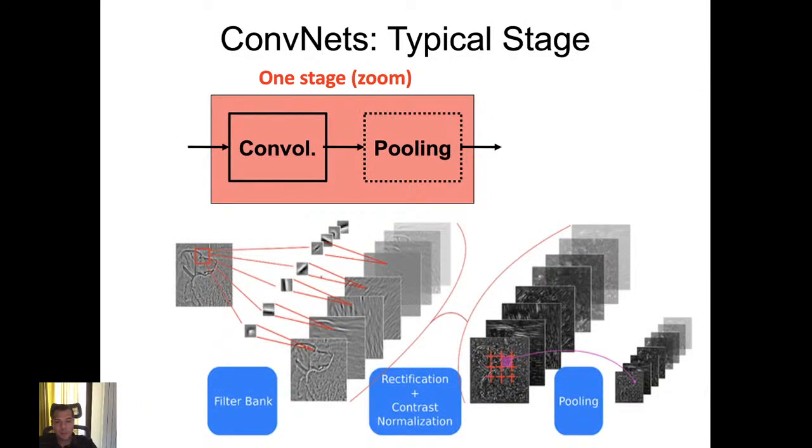Usually what happens in a convolutional block, which contains a few convolutional layers and the pooling operation, is that you learn a filter bank of convolutional filters. You apply ReLU so that you eliminate negative filter responses.